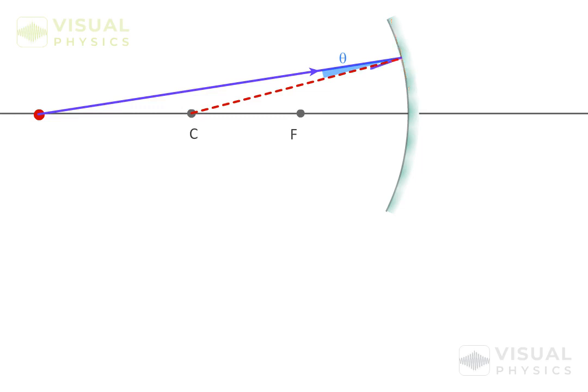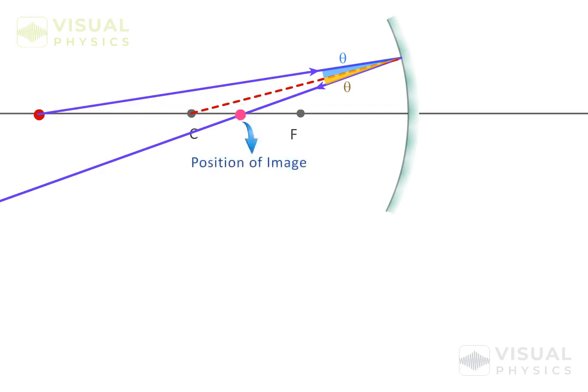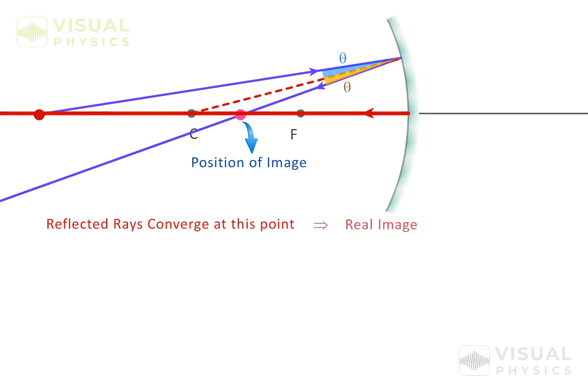So the reflected ray will be as shown. The point where this reflected ray meets the axis of mirror will be the position where the image will be formed. And as the rays actually meet at this point, so this is a real image.